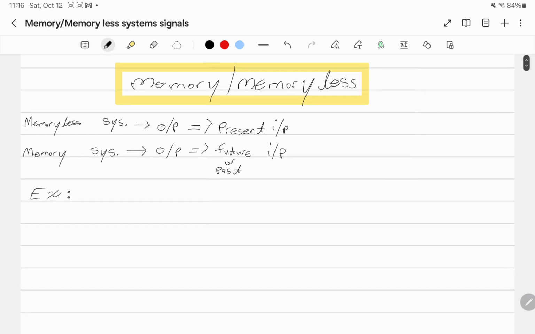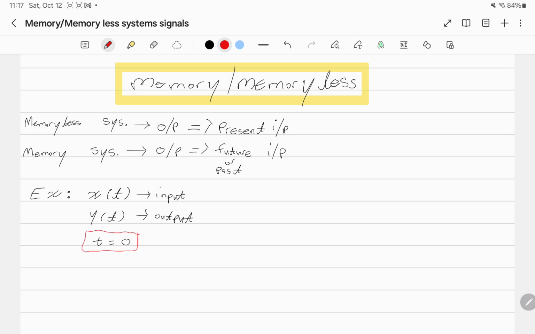So just to give you an example, usually in our course, x of t is the input and y of t is usually the output. And for this example, let's say t just equals 0.